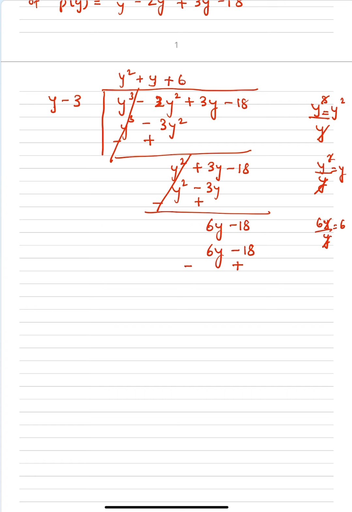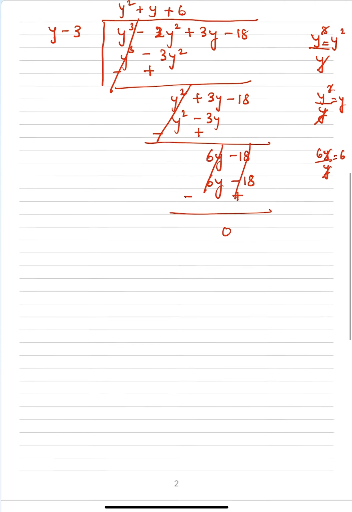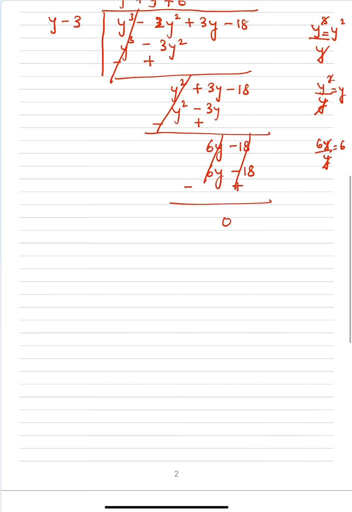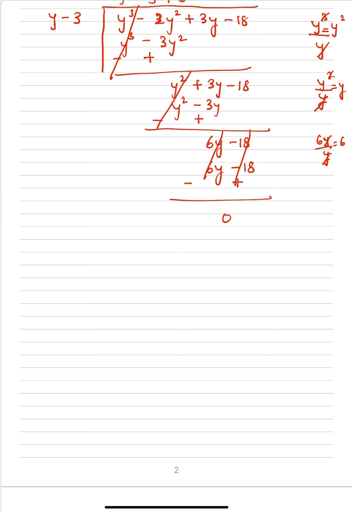Again changing the sign, we will get 0. So we can say that y minus 3 is a factor of the given polynomial. Therefore, y minus 3 is a factor of the given polynomial p of y.